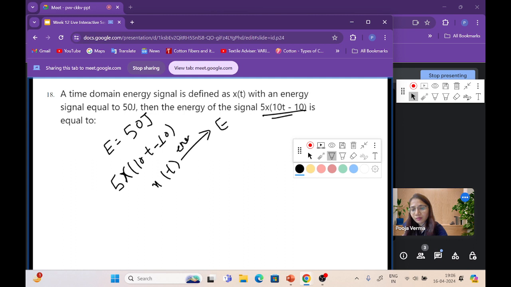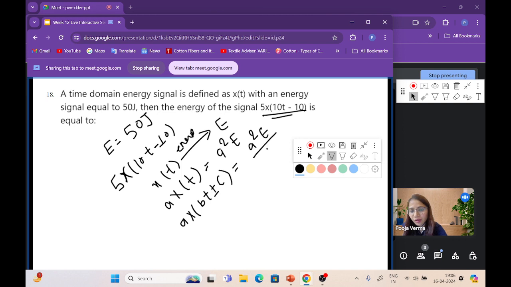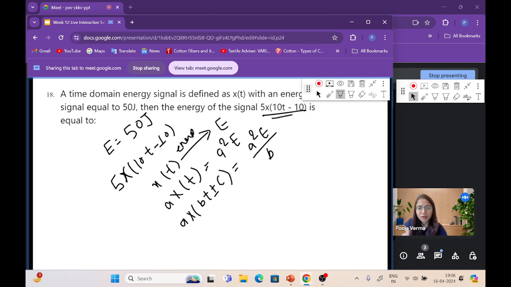Then the energy of a x(t) is a square E. And the energy of the signal a x(bt), or plus minus, is a square E divided by b. I am not going into much detail or solving these equations; you can find them in the properties of the energy signal. So I am taking it directly here.